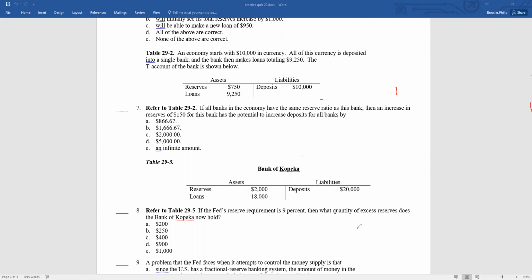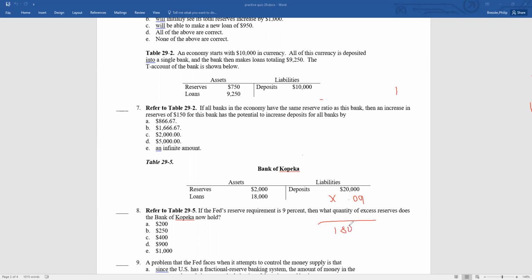All right. So if the Fed's reserve requirement is 0.09, then the quantity of excess reserves is the bank's. It's 20,000, and the required reserve ratio is 0.09, because that's what they said. So I have to keep 1,800 in required reserves.